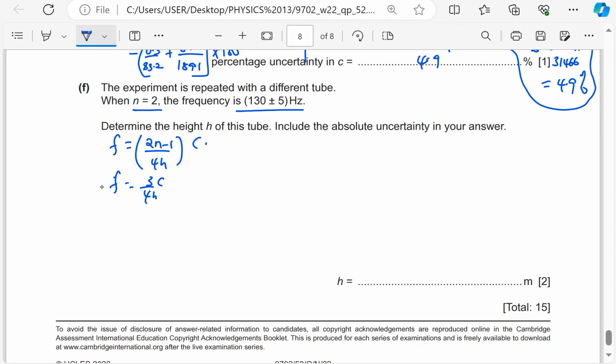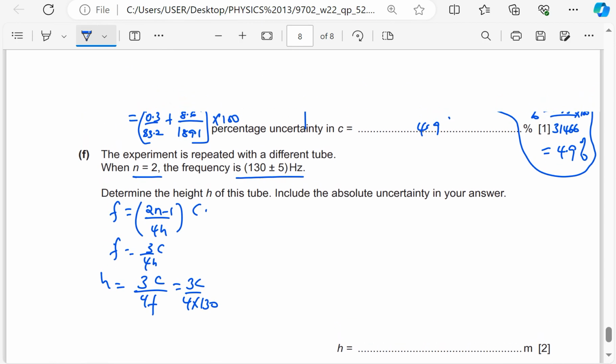So we want to find h. So I make h the subject. H is going to be equal to 3c over 4f, which is 3c over 4 times f, which is 130.